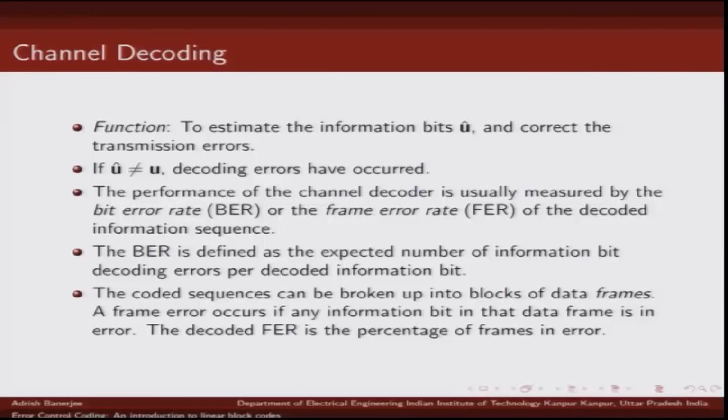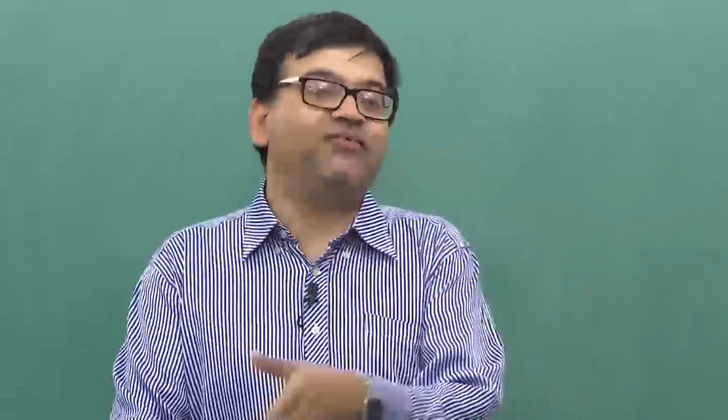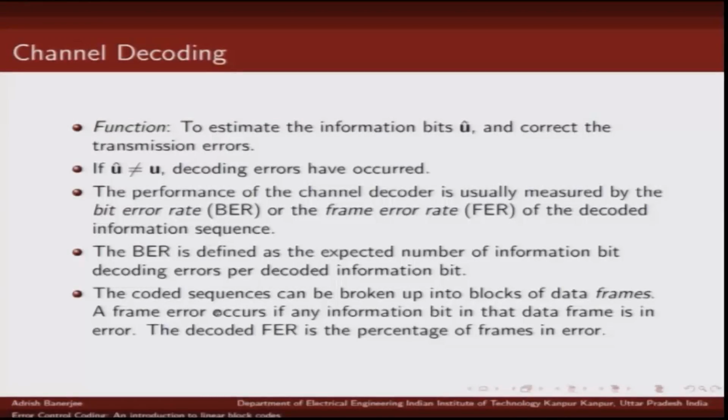Similarly, when we are talking about packet data communication, if any of the bits in the packet is in error, we say the whole packet or the frame is in error. So, frame error rate is defined as the number of frames or packets in error divided by the total number of packets that we have transmitted. So, it is the percentage of frames that are in error. This is known as frame error rate.